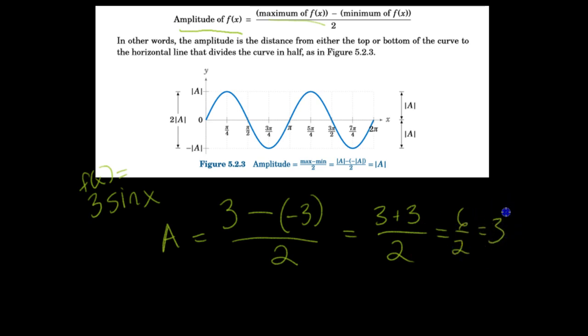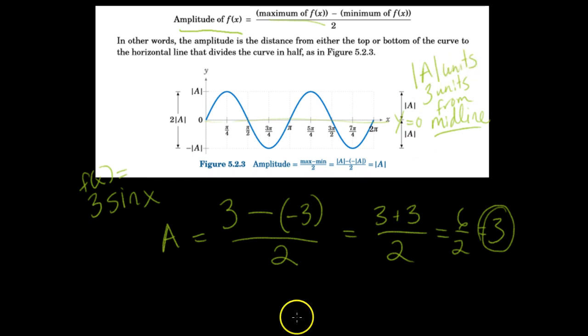Now this seems obvious when you're doing it like this, and the midline is this line. And this line right here, the x-axis, is y equals 0. So I want you to kind of think about the idea of a midline, where the focus is. So it's basically amplitude. The maximum it can get is 3 units if we looked at that example from the midline. Or we could say A units. So absolute value of A, it's A units from the midline.